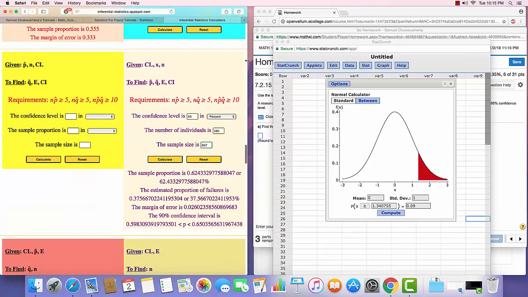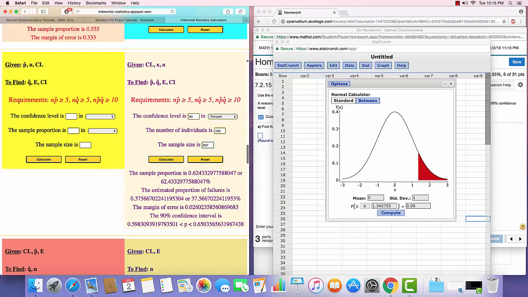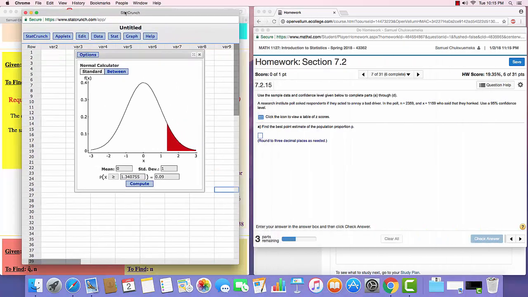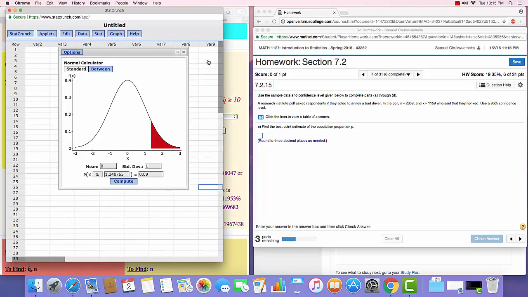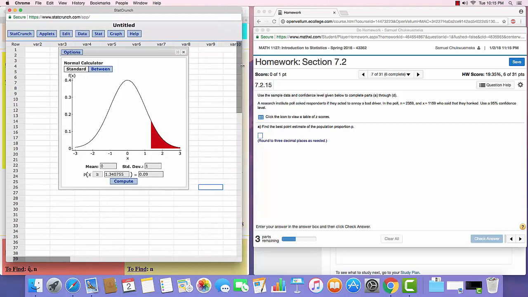Let me expand this up to here and expand and then get this up to here. Okay.